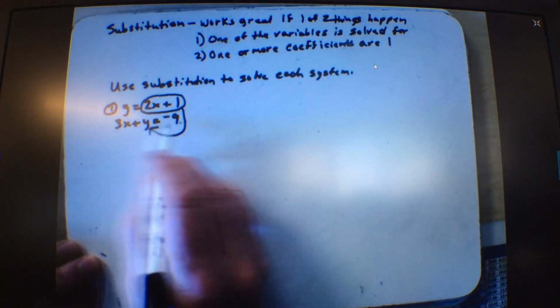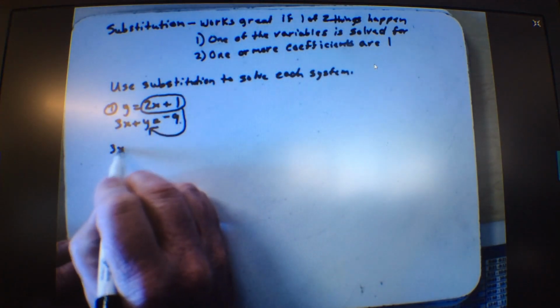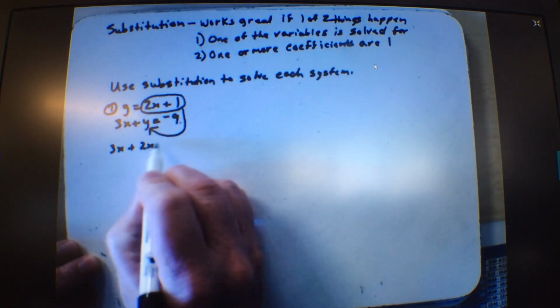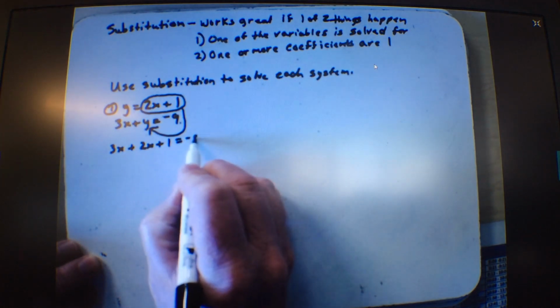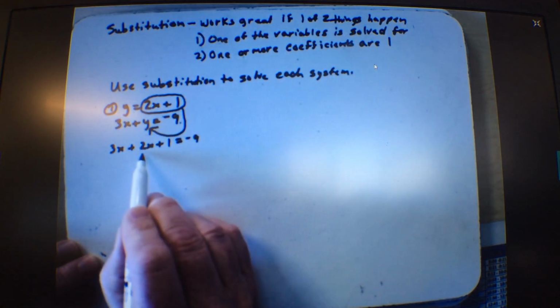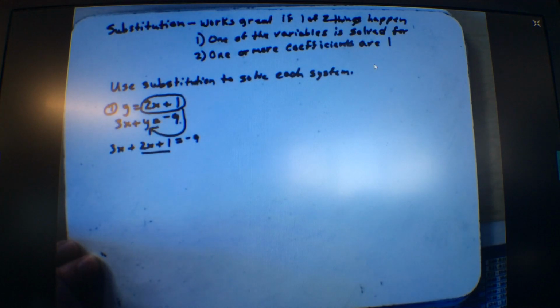So in other words, on the second equation, I'm going to have 3x plus 2x plus 1 equals negative 9. Notice where the y was, I've replaced it with 2x plus 1. Now, Tirsa, you know you did it right if you only have one variable. Do we only have one variable?